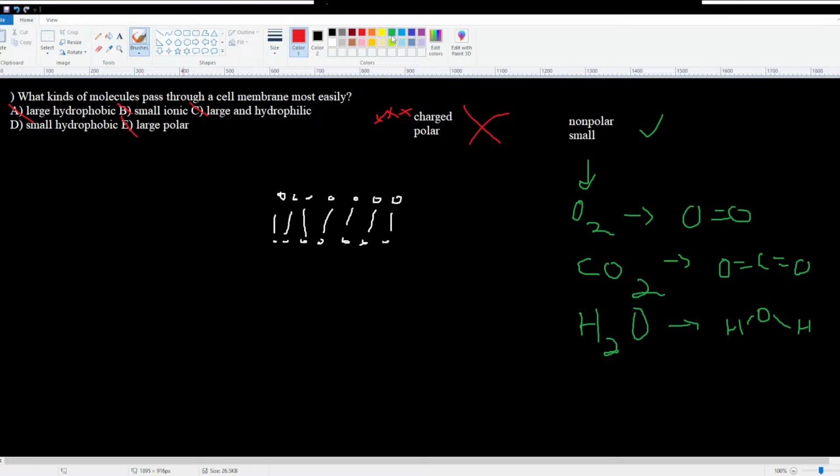So the easiest thing to pass through the cell membrane is small and hydrophobic, as we discussed here. But it's important to note most easily. Like I said, large and hydrophobic is still going to go through a little bit, but what's going to go through most easily? Small and hydrophobic. Let's move on.